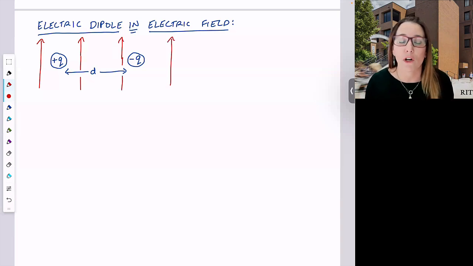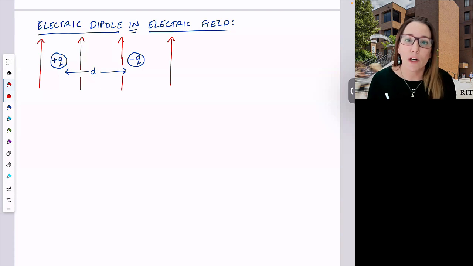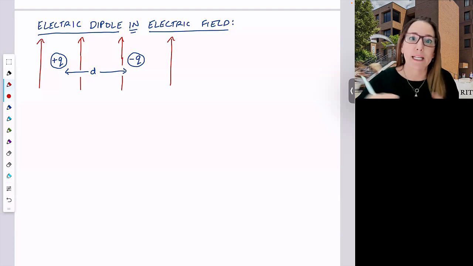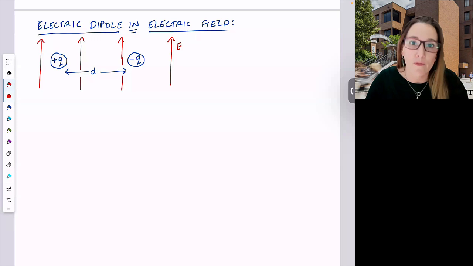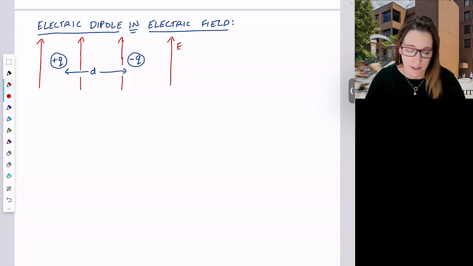We'll do that in the second part of this video. But in the first part, we're taking these two charges and putting them in an external field that's created by some other source charges around, say parallel plates or things like this. So I have some external electric field that the dipole is in.